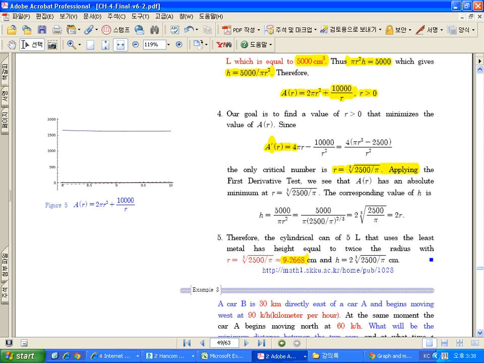Then if we choose r like this and h like this, we will use the least amount of metal to build a cylindrical can that holds 5 liters of oil.